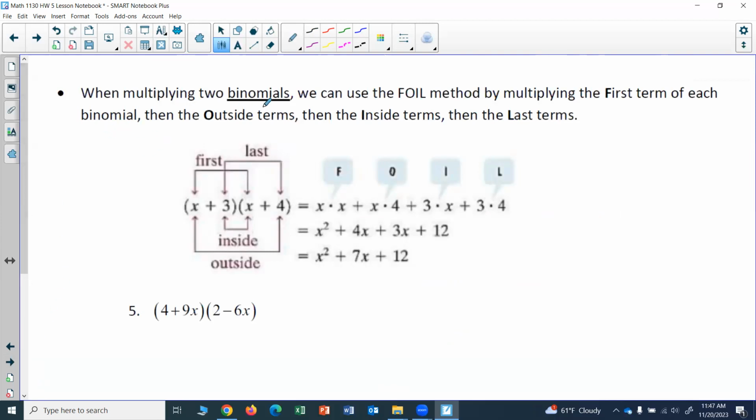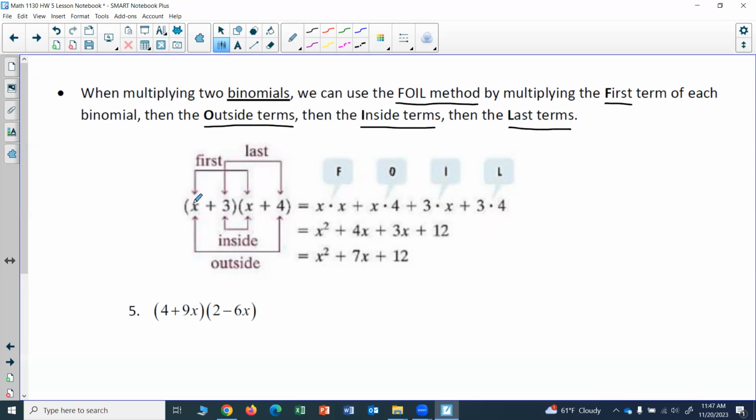When you're multiplying two binomials, you can use what we call the FOIL method. The way that works is first you multiply the two first terms of each binomial, then the two outside terms, then the two inside terms, and then the two last terms.